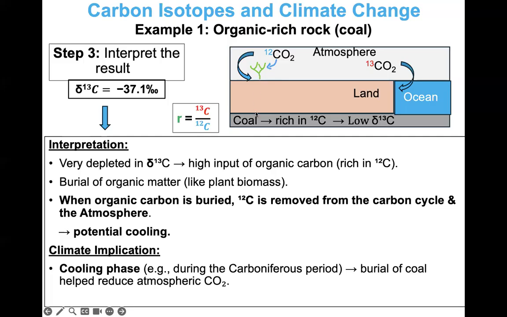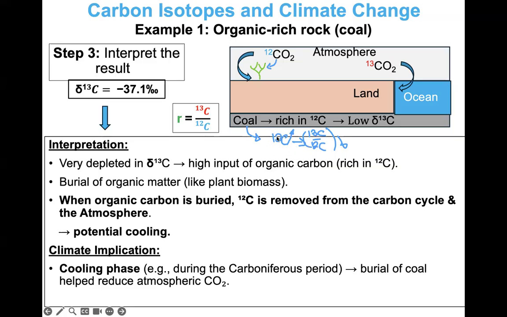When they get buried, they become coal. Now, coal is rich in C12. If you look at the ratio 13C over 12C, because C12 increases in the coal, the ratio as a whole will decrease, will become very low. And that's what you got here. A very low value means we have a loss of C12.